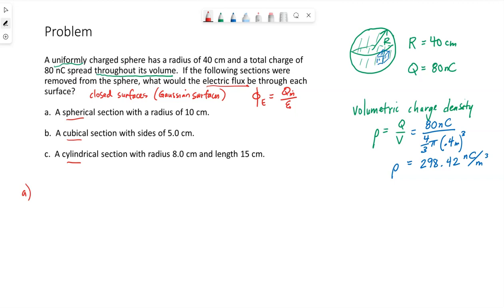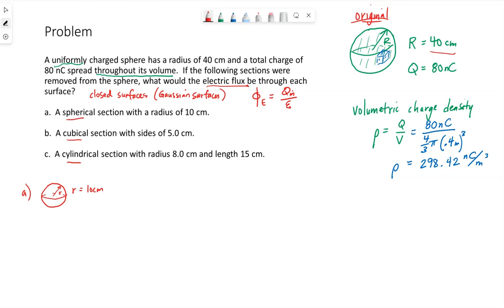So for A, we have a spherical section that has a radius, I'm going to use a lowercase r to represent this, of 10 centimeters. If I come back to the top right where I have our original charged object, this had a radius of 40 centimeters, with a total charge of 80 nanocoulombs spread throughout the entire thing.